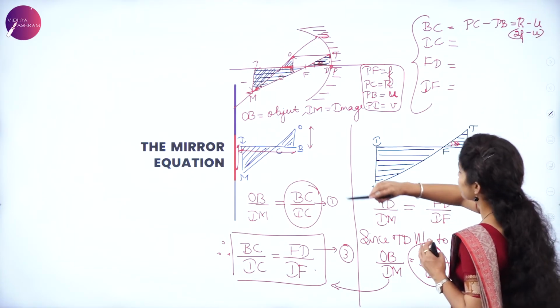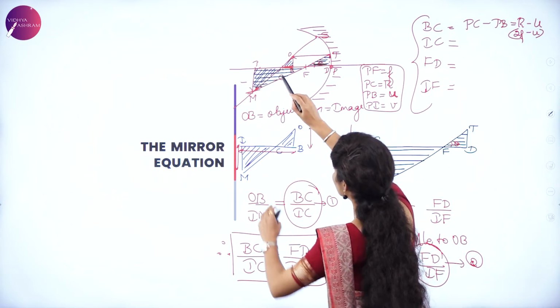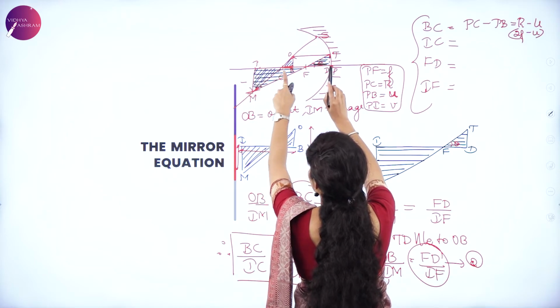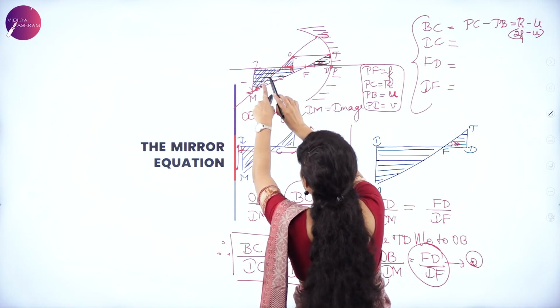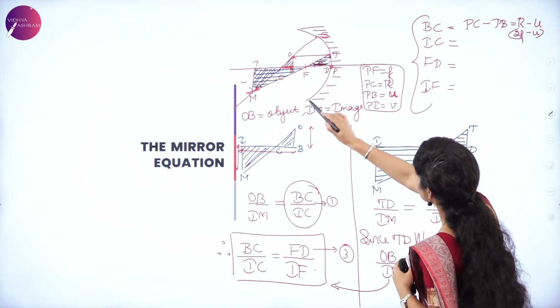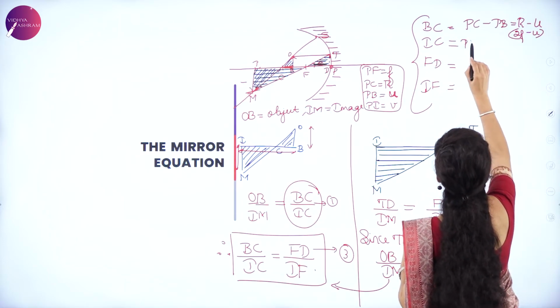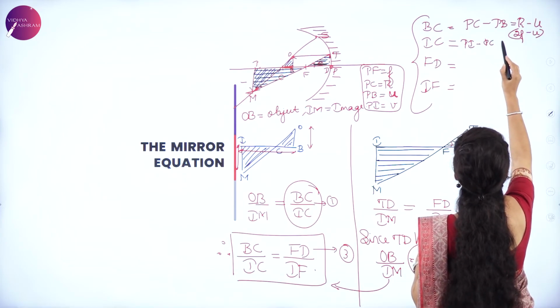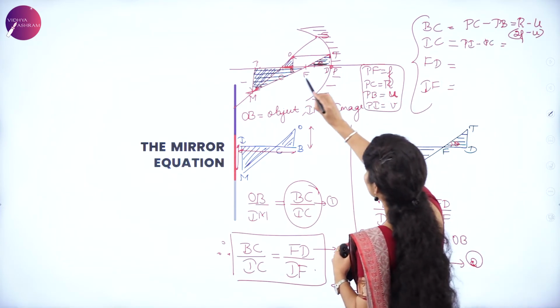Next, what is IC? In order to have this set of equation, you have to take the full PI minus your PC so that you will get this coverage. So IC is equal to PI minus PC. What is PI?